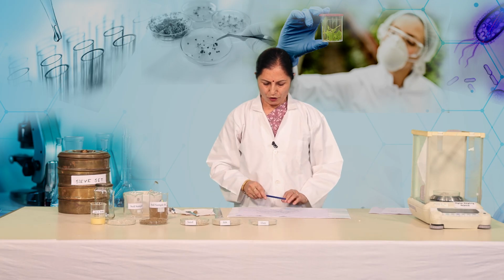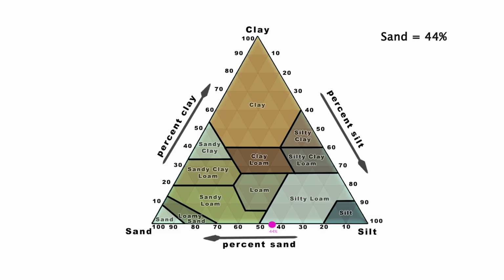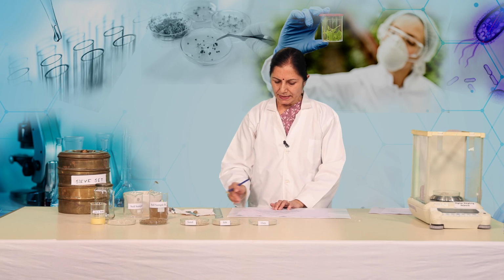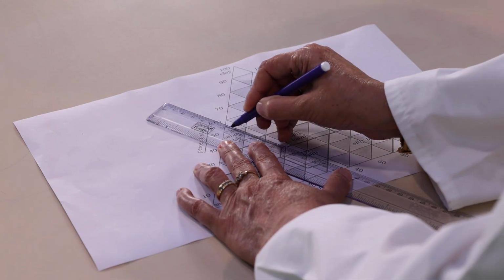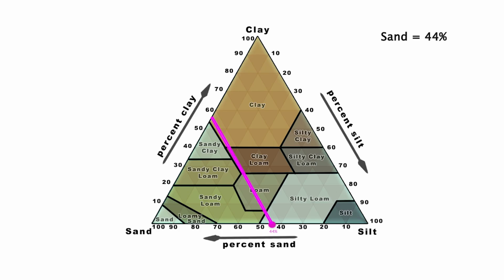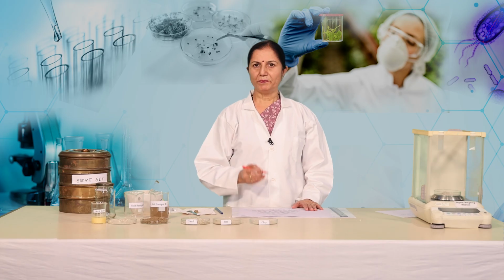The percentage of sand is 44%. So, let us mark a point at 44% and then draw a line from the sand side to the clay side parallel to the silt side. Silt particles are 37%.